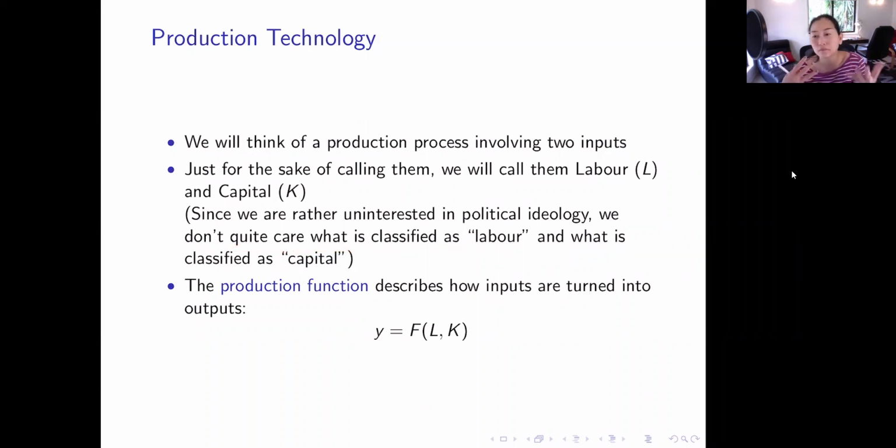Let's say L is just labor and K is just capital. And the production function would be Y. Now this is the amount of output. It's a function that depends on the amount of L and K, which are the inputs. So it describes how inputs could be turned into the outputs.